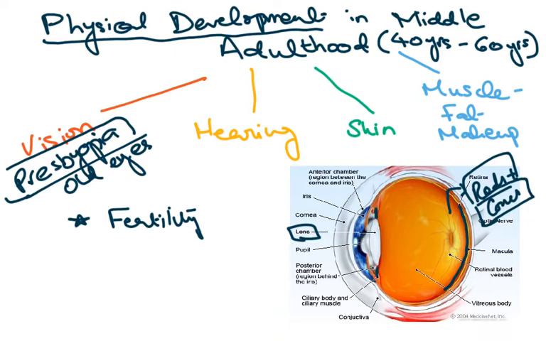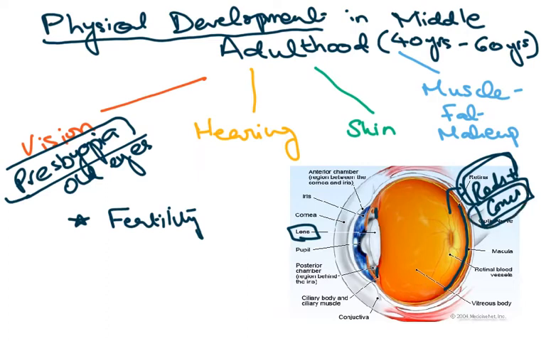There's a loss in our rods by middle adulthood. And because for cones to work efficiently you need rods to be there as well, the cones do not work as efficiently.